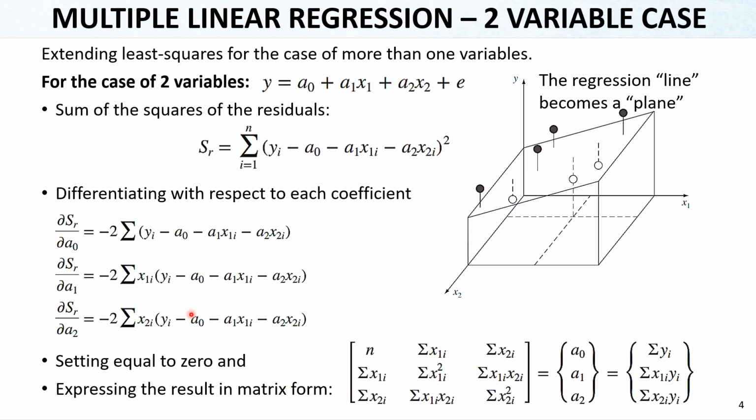Simply, we have unknowns a0, a1, a2, and just use the coefficients of these as a set of equations like this. Then we can solve this using a Gaussian elimination technique, for instance, or you can use Cramer's rule as well. You just need to determine these using the data. The x1 and x2 data is easy to use, and also the y data here, and these are unknowns. You can simply solve this. You can use MATLAB codes as well to solve this. Let's show the pseudocode for this in the next slide.